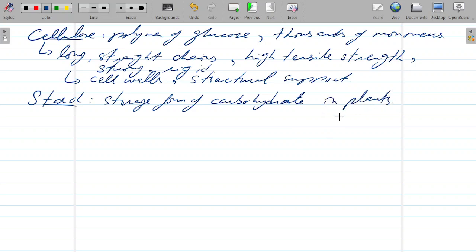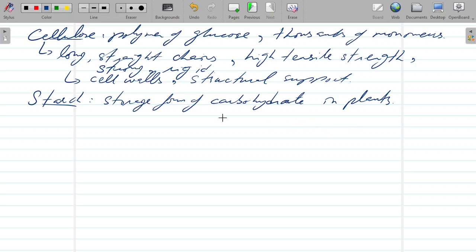So you would find it in individual cells, and also in storage organs like the potato you mentioned yesterday. Potatoes are super rich in starch. Rice is rich in starch. Wheat is rich in starch. And it's also the storage form of carbohydrate in seeds, because seeds need nutrition when they begin to grow, when they germinate.